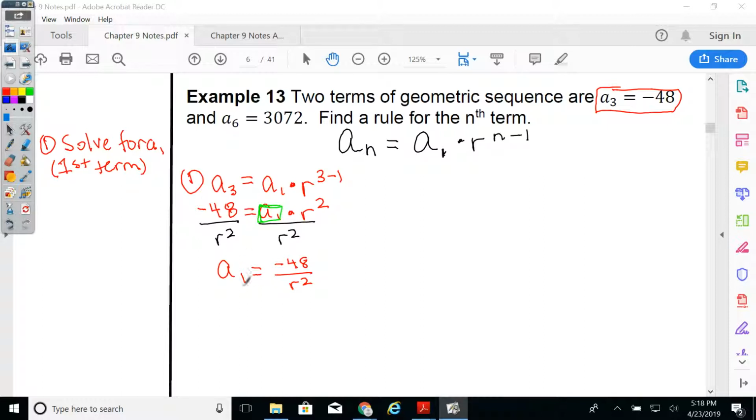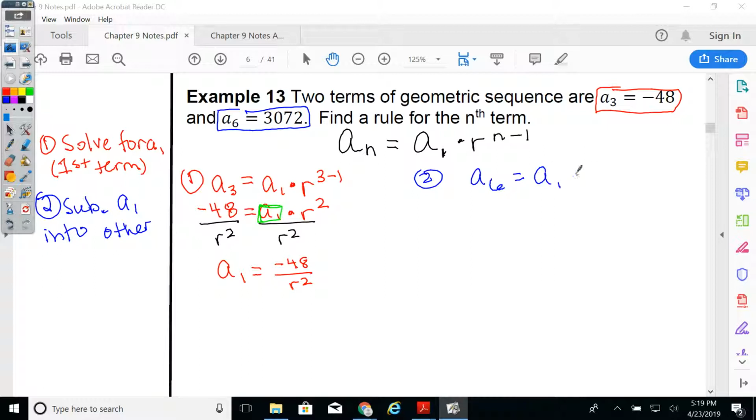Now we want to use this with the second part, the second number in the sequence, and plug it into the formula. So substitute a1 into the other formula. So we didn't make a formula for this one. So step 2, we have a6 equals a1 times r to the 6 minus 1, because n is 6.